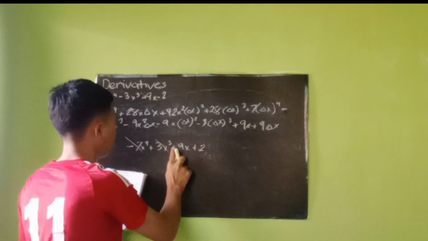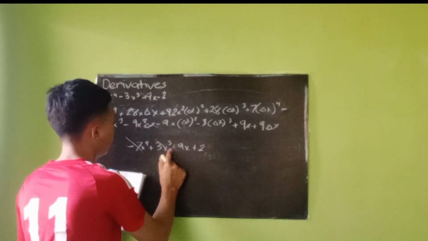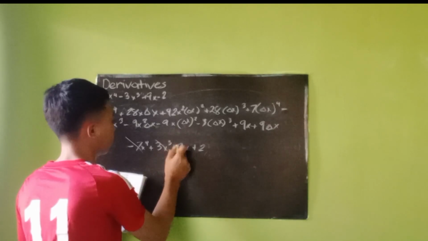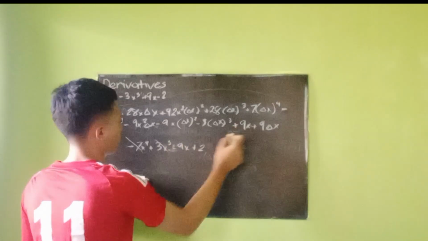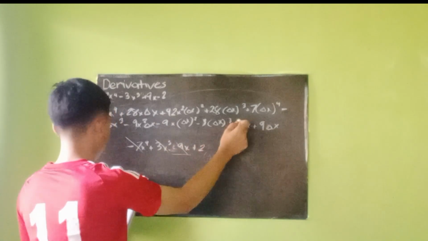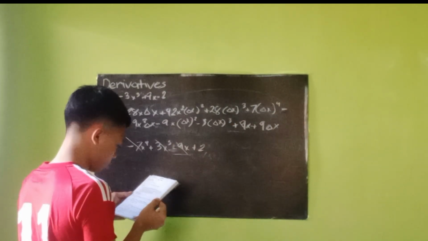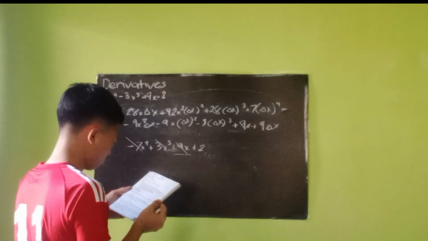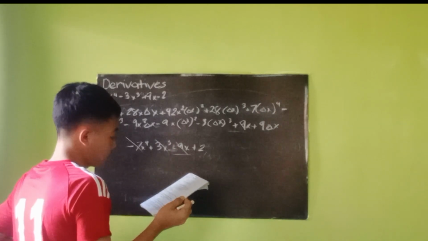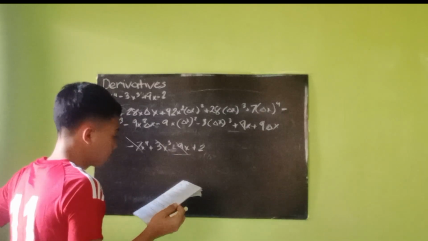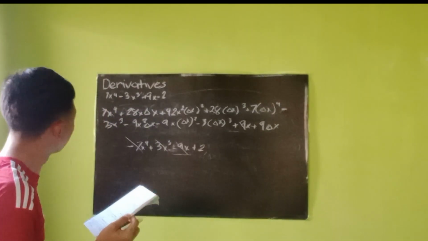Yeah, well, this one is supposed to be negative. So wait, so negative 9x. Then this one is positive. This one is negative, so we can remove it. Oh, this is great.